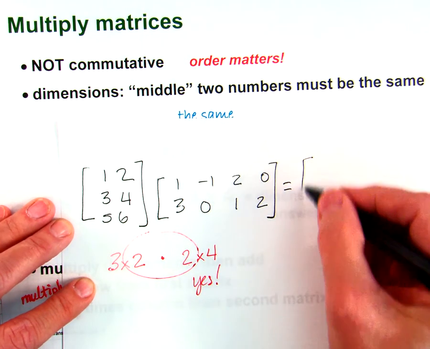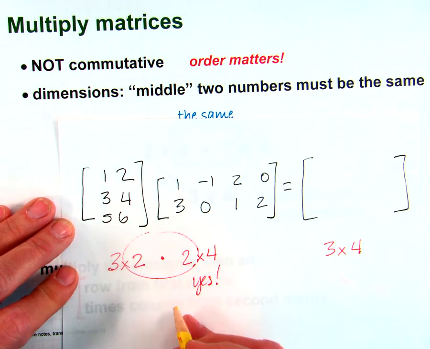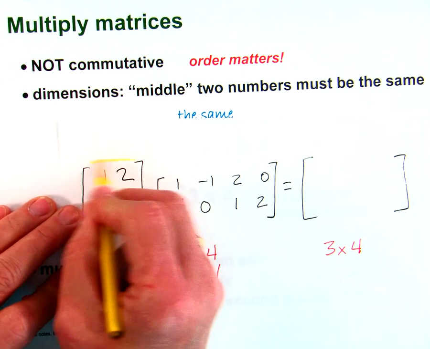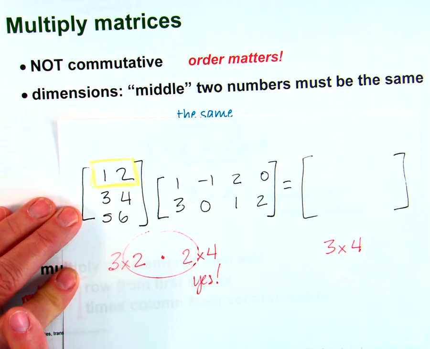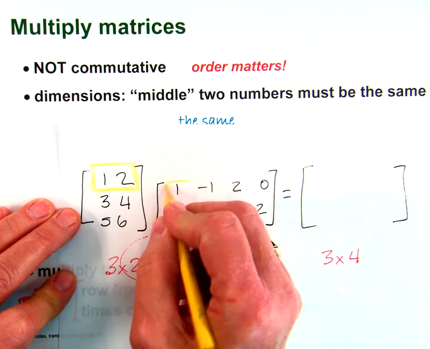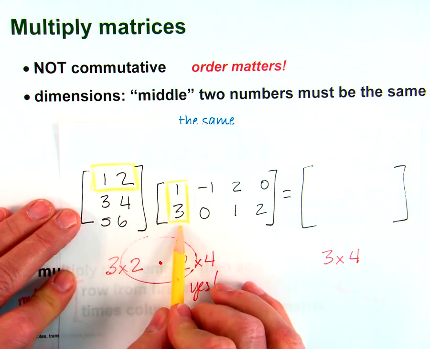So let's look at how that works. It's a pain. The first thing we'll do is multiply row 1 of the first matrix by column 1 of the second matrix. That's why those numbers have to be the same. How do we do that?